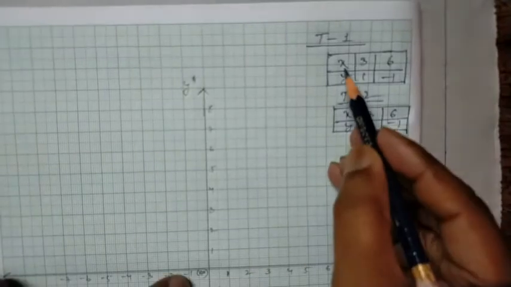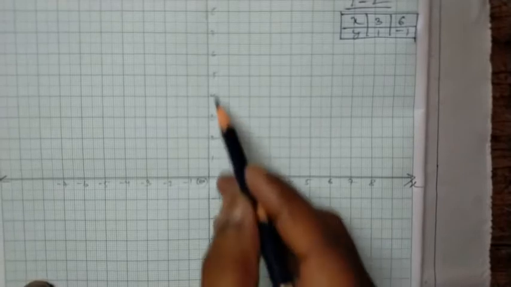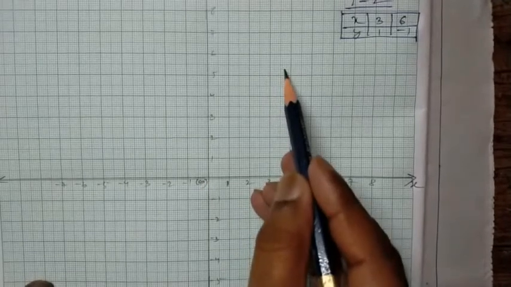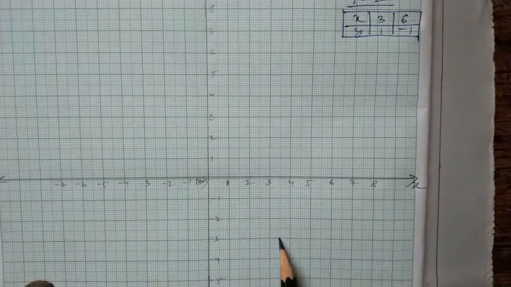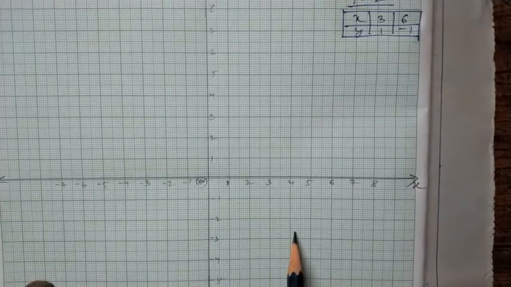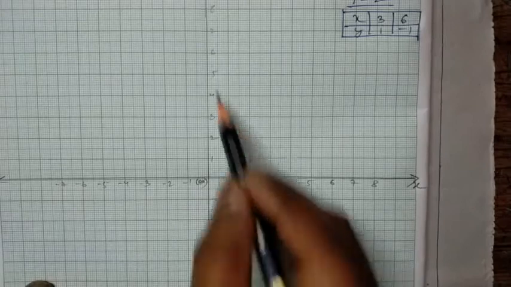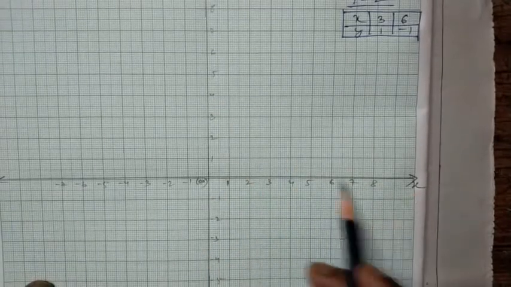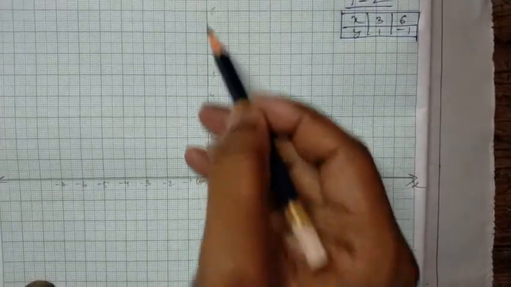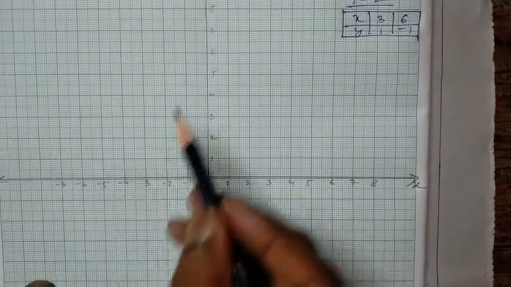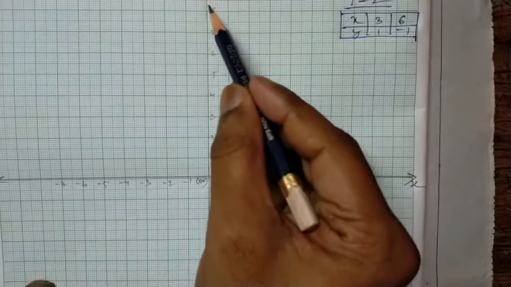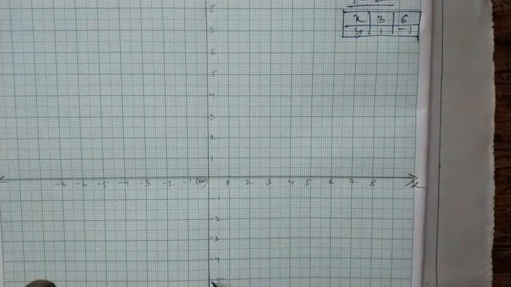This is our graph: first quadrant, second quadrant, third quadrant, and fourth quadrant. This is the x-axis, this is our y-axis. The right hand side is positive, the left hand side is negative. Upside on y is positive and downside is negative.